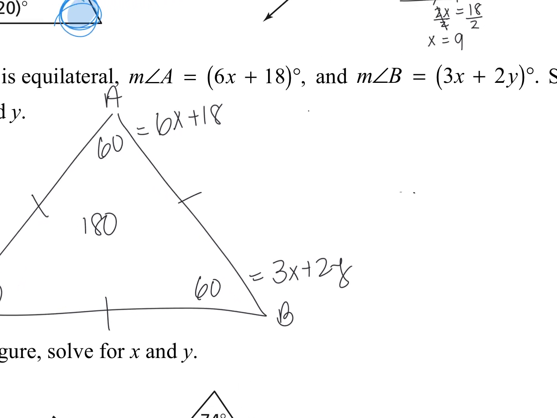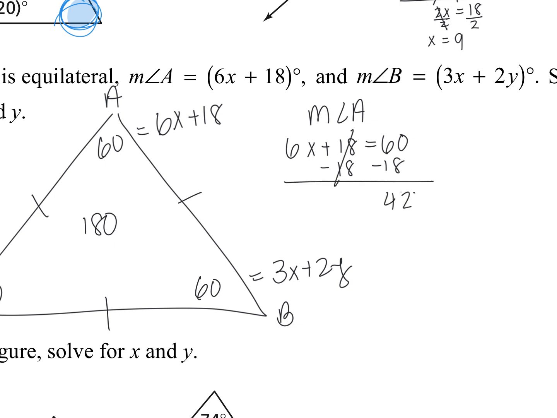So I'm going to solve for the measure of angle A first, and I'm going to use what I wrote. 6x plus 18 equals 60. Subtract 18. And then last, divide by 6. And x is going to equal 7.